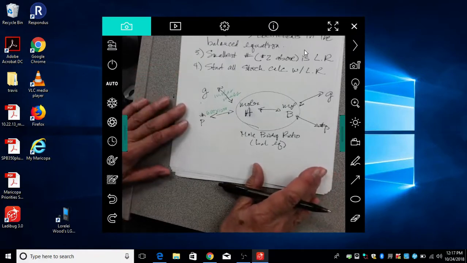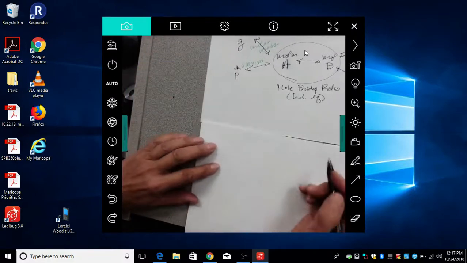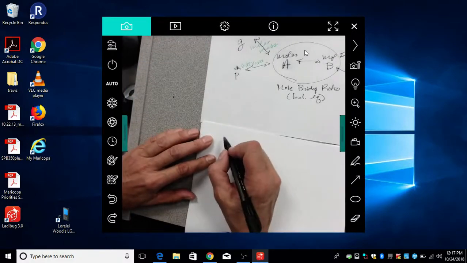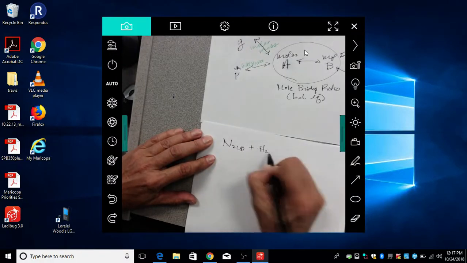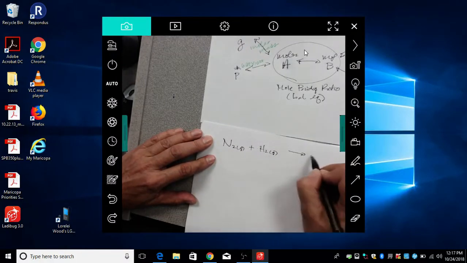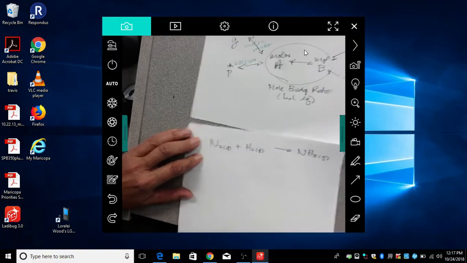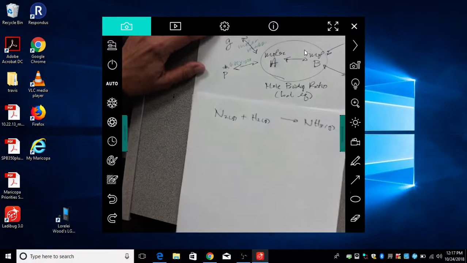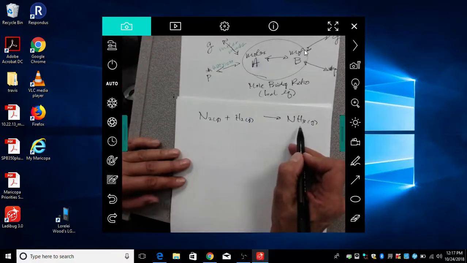All right, so with that as the backdrop, let's start a problem. Let's say, how about nitrogen gas and hydrogen gas makes ammonia gas. This is actually called the Haber process. That was made popular in World War II. They had to make lots of bombs, and bombs need lots of ammonia, so they had to make lots of ammonia.